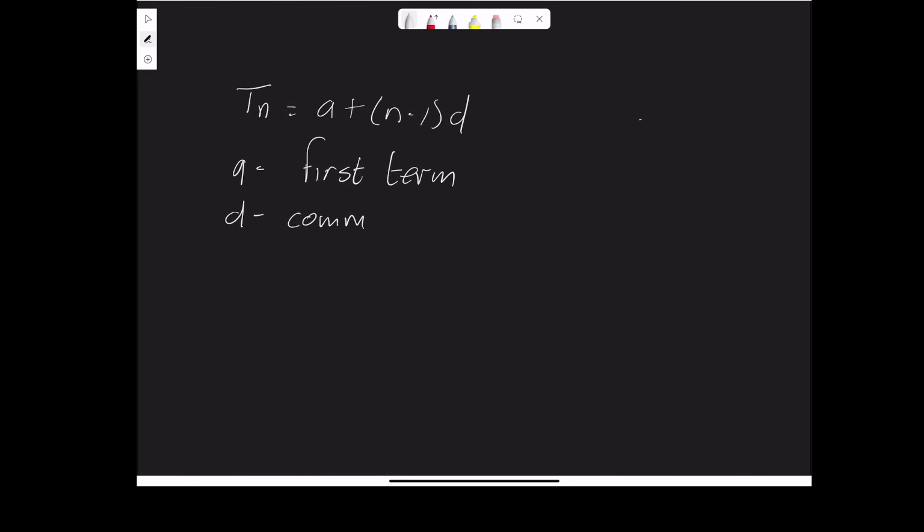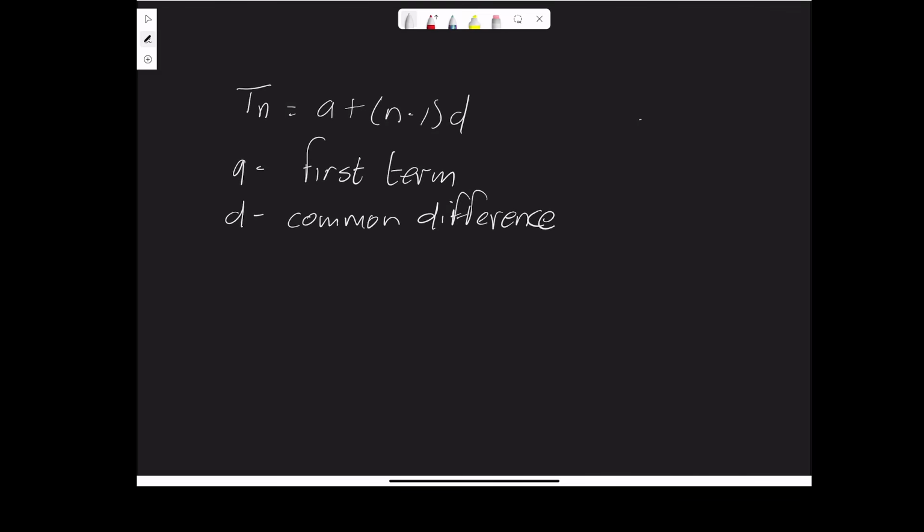I'm going to make an example in just a few moments so that you know how it works. And obviously n is the number of the term in the sequence, so it's the nth term of the sequence.